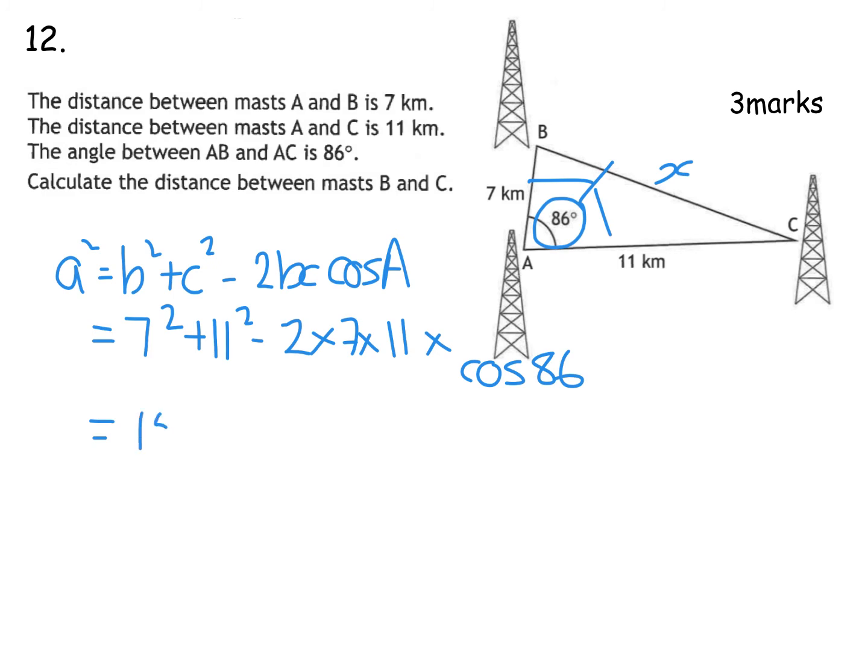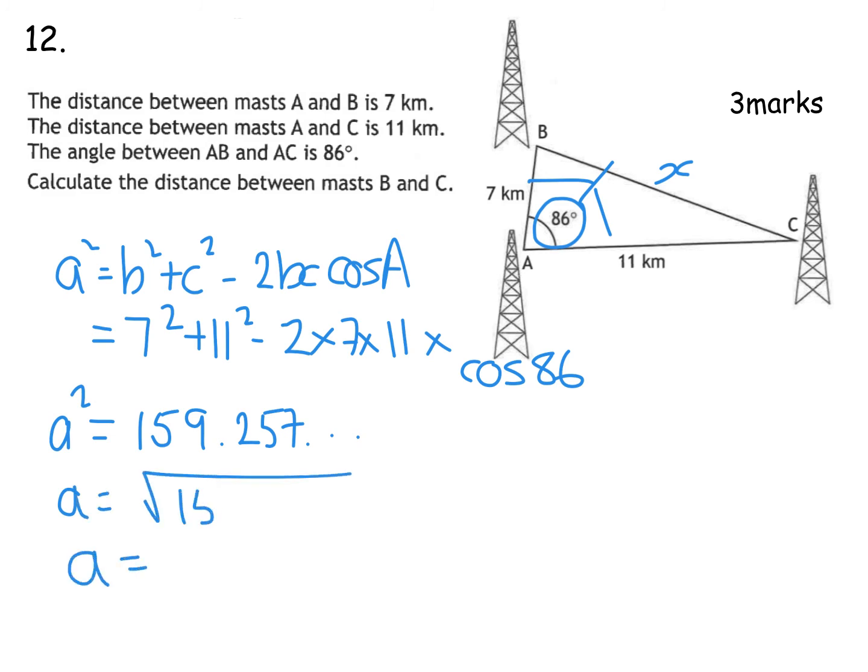And you get this number here, you get 159.2575 and so on. Remember, that's just what a squared is, so you still have to square root that number. So square root of that. I'm just going to leave it on my calculator screen and press shift, square root, answer.